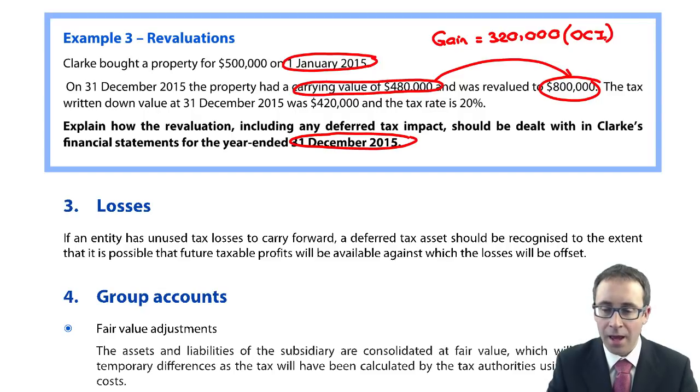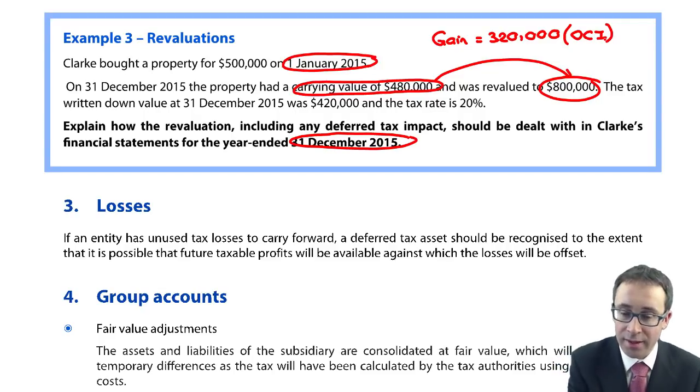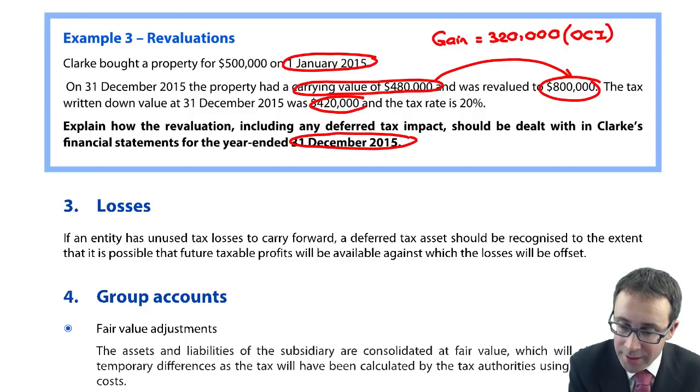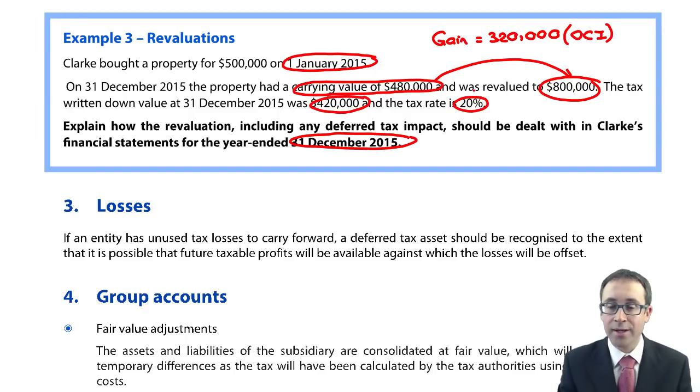We're then told the tax written down value was 420, and the tax rate is 20%. Now that's where the deferred tax starts to come in, because the carrying value now is 800,000. The tax authorities ignore the revaluation, so they leave their tax written down value at 420.